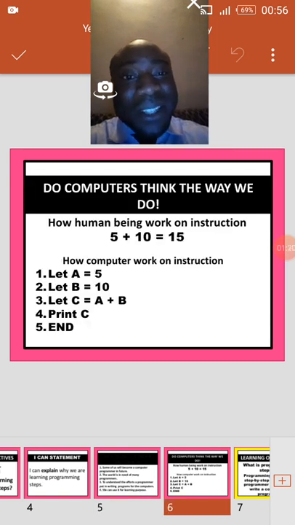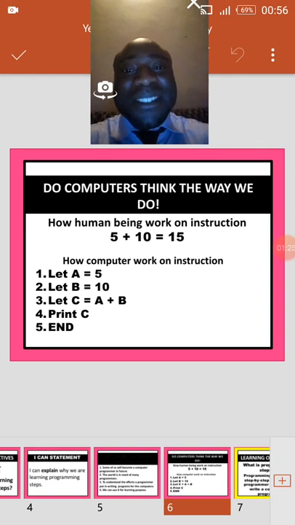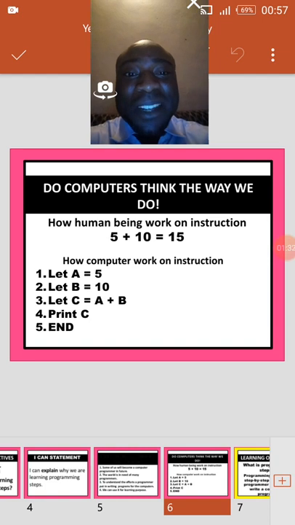Now, whether computers think the way we do is a question. Let me give you the answer to that. This is how human beings think. Can you look at the board, please? If you are given 5 plus 10, which the answer is 15, we use our brain to calculate it. But look at the bottom of the board.